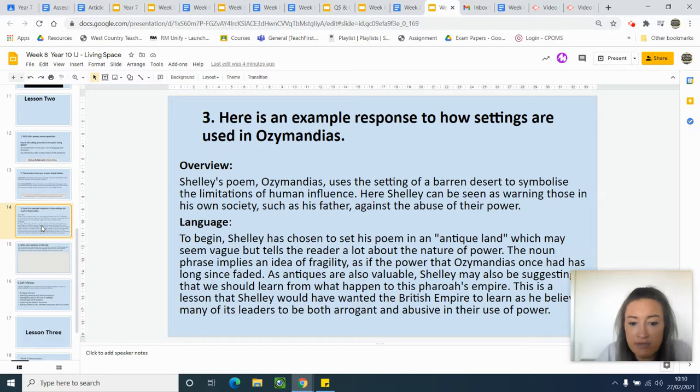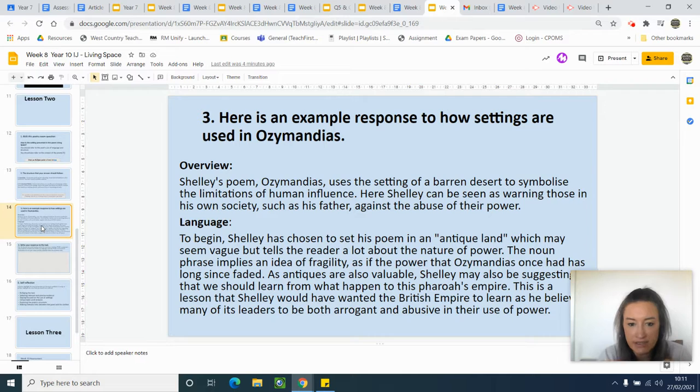This is a lesson that Shelley would have wanted the British Empire to learn, as he believes that many of its leaders to be both arrogant and abusive in their use of power. You could also mention that you knew the antique land referred to the land of Egypt, which is where Ozymandias or Ramesses II ruled.